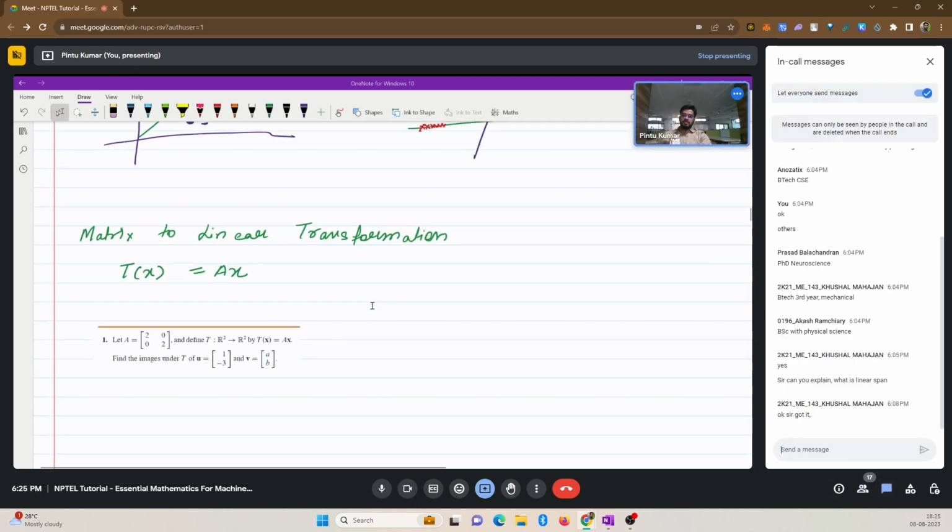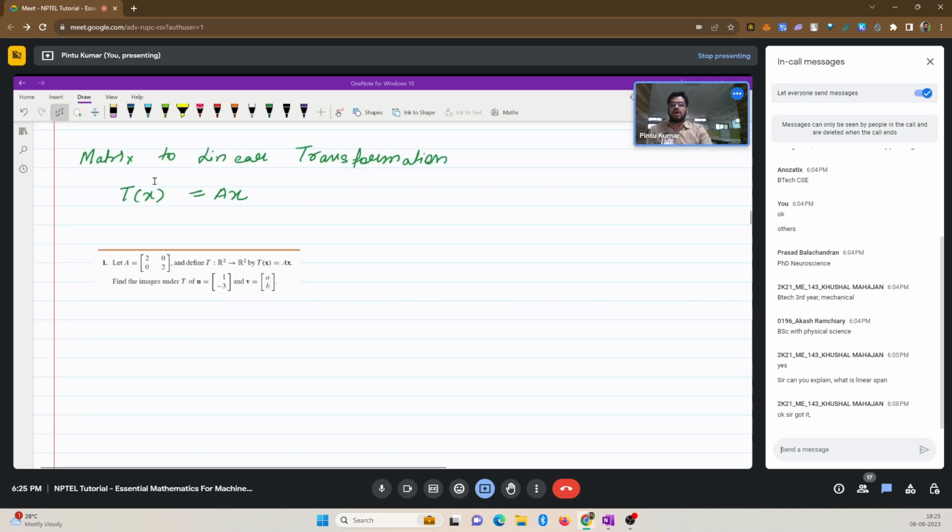Okay. Now, one advantage of linear transformation is that for every linear transformation, you can find a matrix representation of it. And on the other hand, if you have any square or even a rectangular matrix, you can find a corresponding linear transformation.